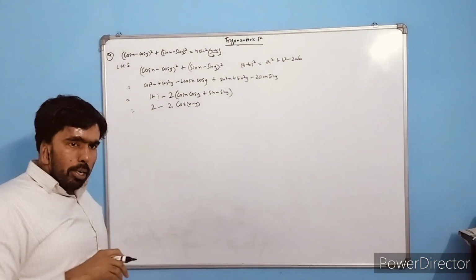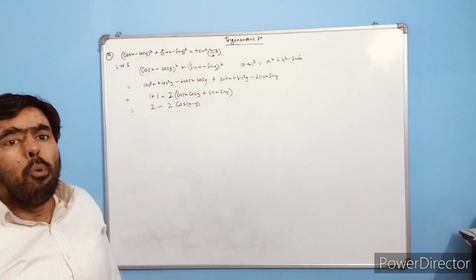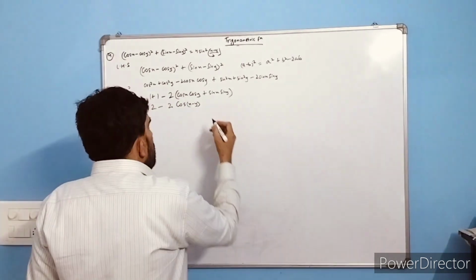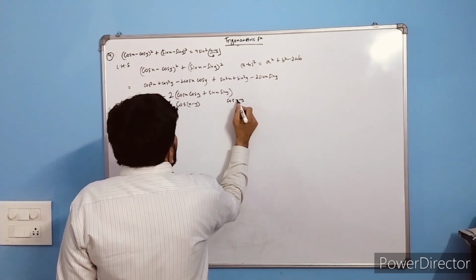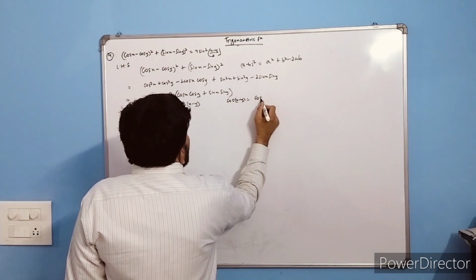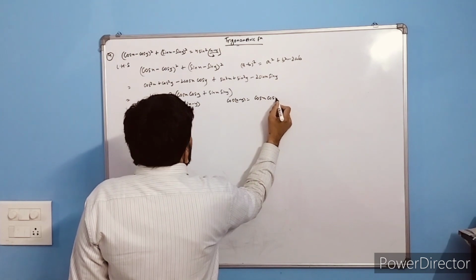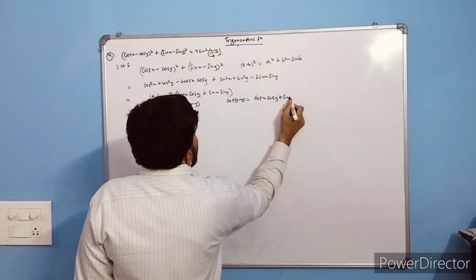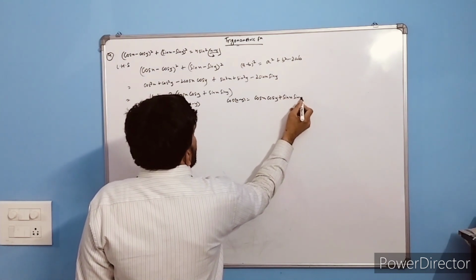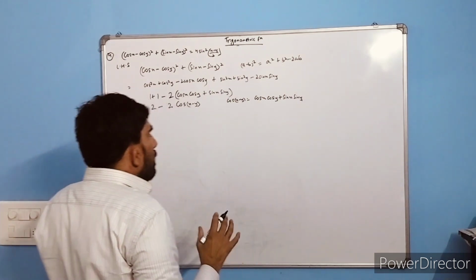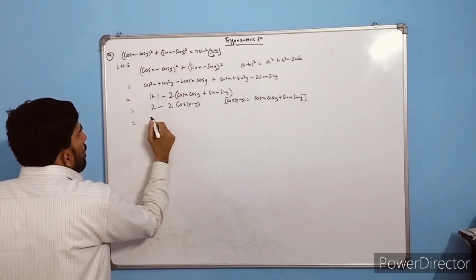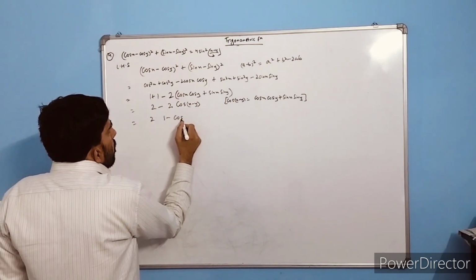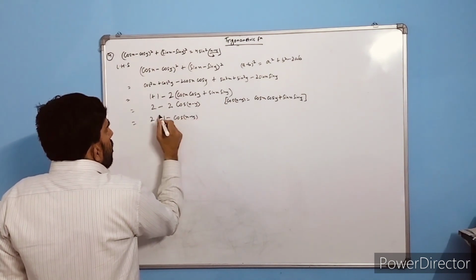So you can see here the formulas are most important for us. Okay, so we can write cos (x minus y) is equal to cos x cos y plus sin x sin y. So this identity I have used here. Now we can take 2 common, 1 minus cos (x minus y).